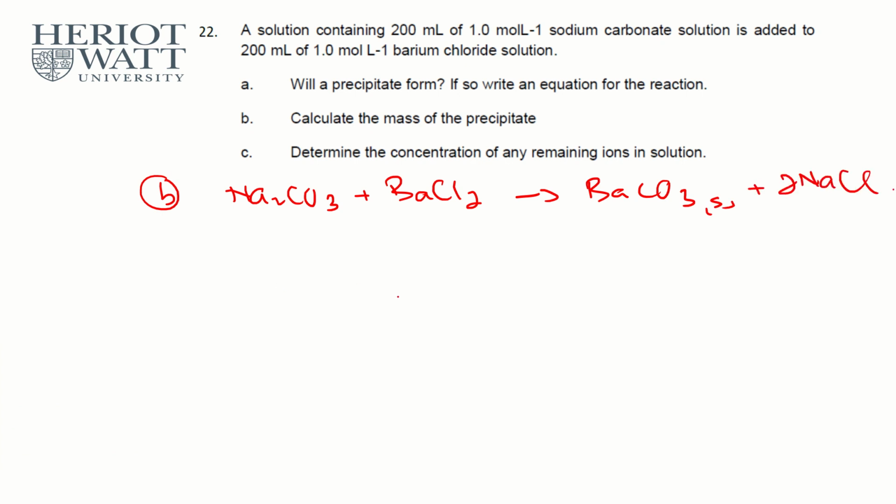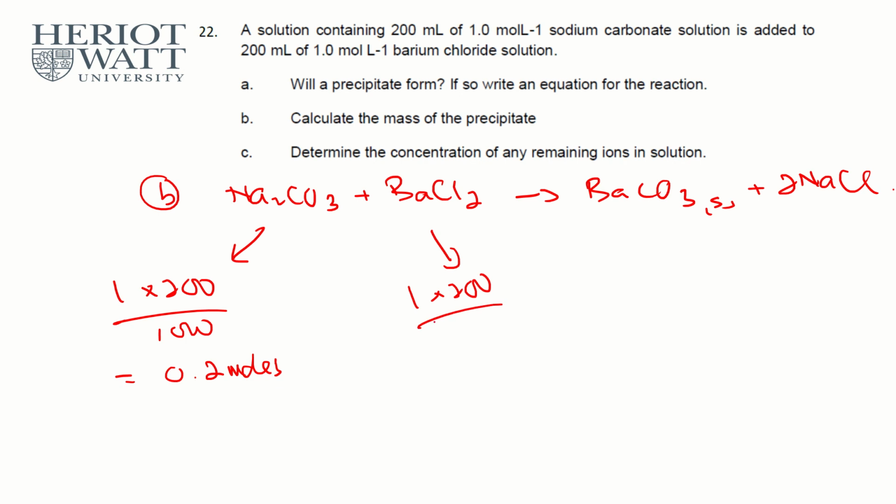Okay, this is the balanced equation, and what is the mole for each? Sodium carbonate used is 1 times 200 over 1000, which is 0.2 moles. Same goes for barium chloride because everything is the same. 1 times 200 over 1000, you get 0.2 moles. So there's no limiting and excess. Both are the same. So I expect everything to be converted into the product.